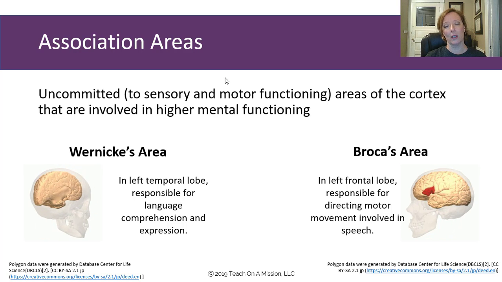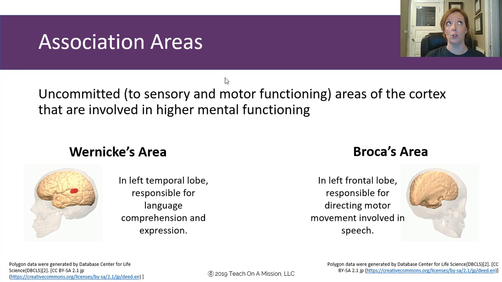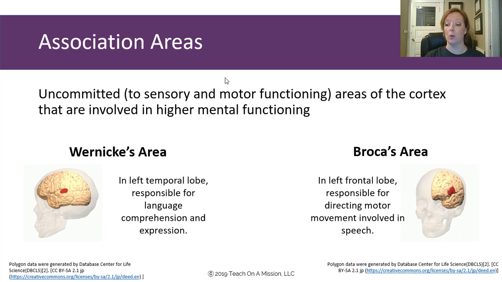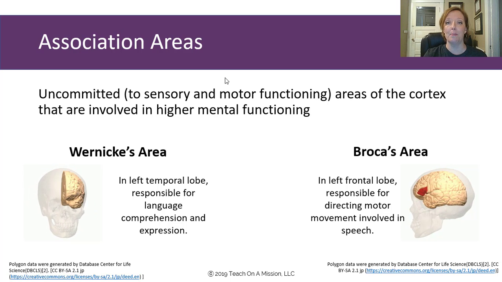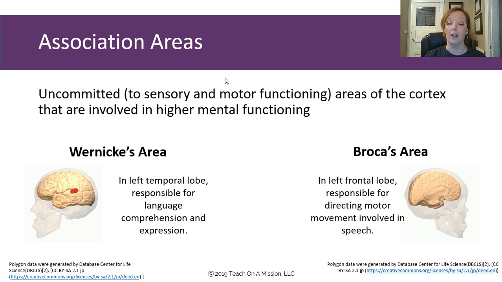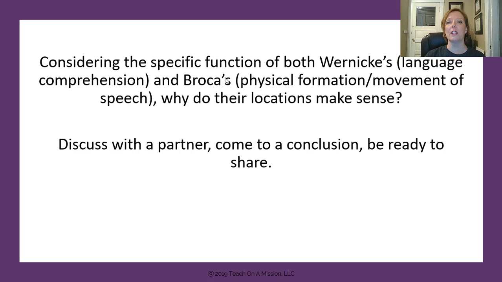A mnemonic that's really super silly that I always remember for Broca's area: one of my students several years ago was doing a skit, and the student said that he broca his speech, which is very silly, but I have heard it so many times and said it so many times now, and it's silly and ridiculous and it makes no sense, but it's memorable, and that's the important part. So considering the specific function of both Wernicke's and Broca's, why do their locations make sense? I want you to come to a conclusion and be ready to talk about this in class.